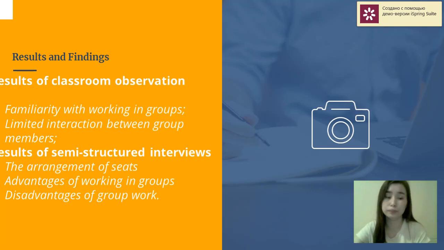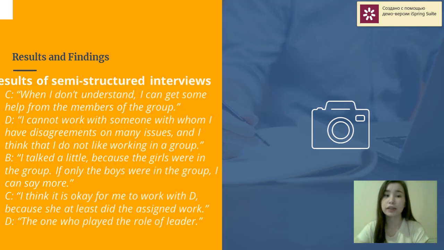Also, results from semi-structured interviews showed that group work has advantages and disadvantages. The first advantage is that students can help each other, especially students with a low level of English skills can get help from other students.